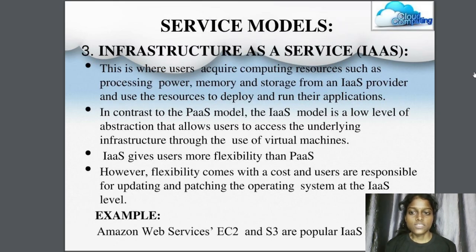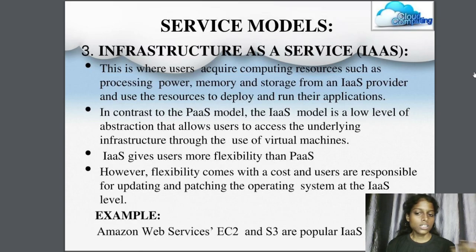Infrastructure as a service. This is where users acquire computing services such as processing power, memory, and storage from an IaaS provider and use the resources to deploy and run their applications. In contrast to the PaaS model, the IaaS model is a low level of abstraction that allows users to access the underlying infrastructure through the use of virtual machines.